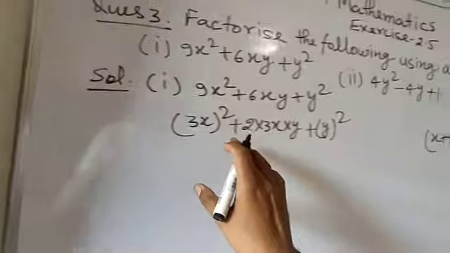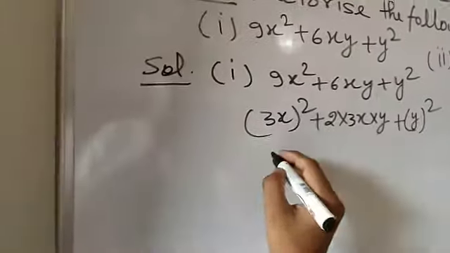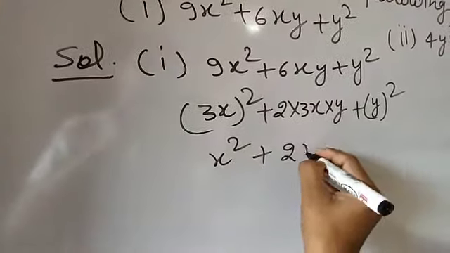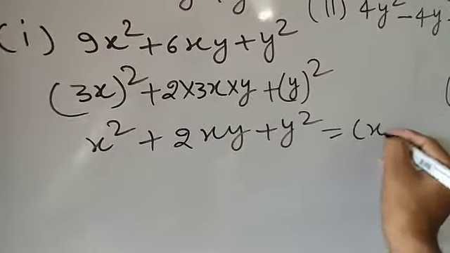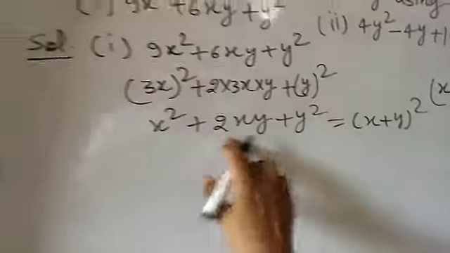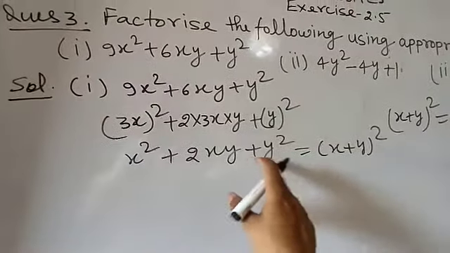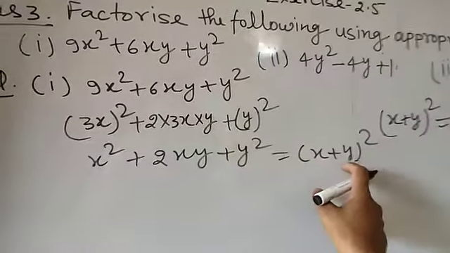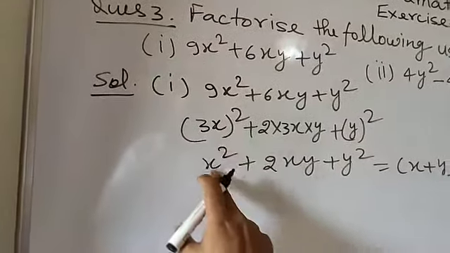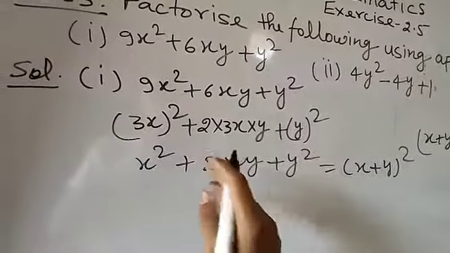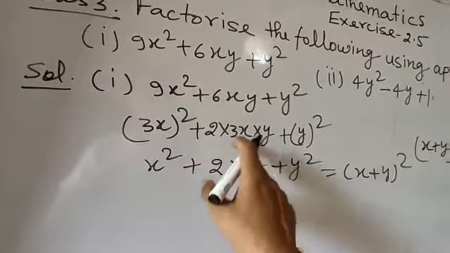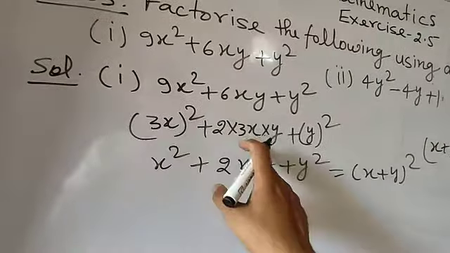Now compare that with the identity, that is x square plus 2xy plus y square, which is equal to (x plus y) whole square. That is the identity. If you compare, in the place of x, 3x is there, in the place of y, y is there, and here it is 2 into x, that is 3x. So 3x into y.